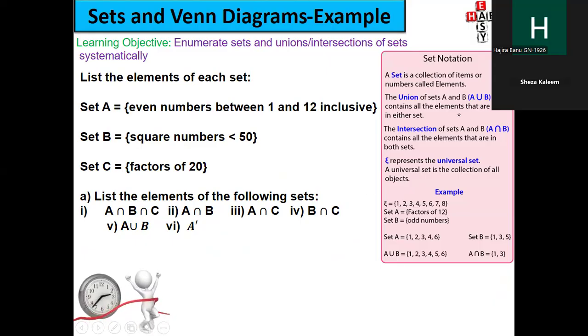Hold on, just a second. Do it now. Set A is 2, 4, 6, 8, 10, 12. Complete, then we will check the answer. Okay.